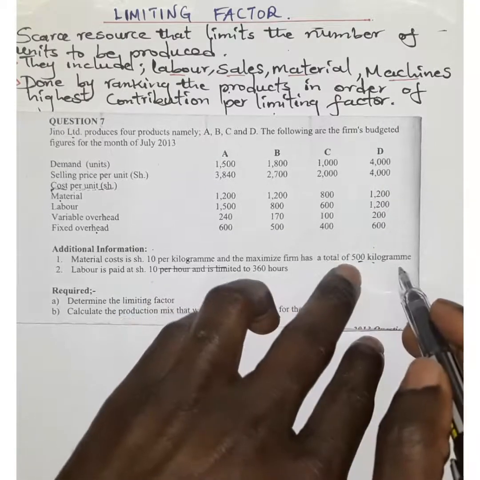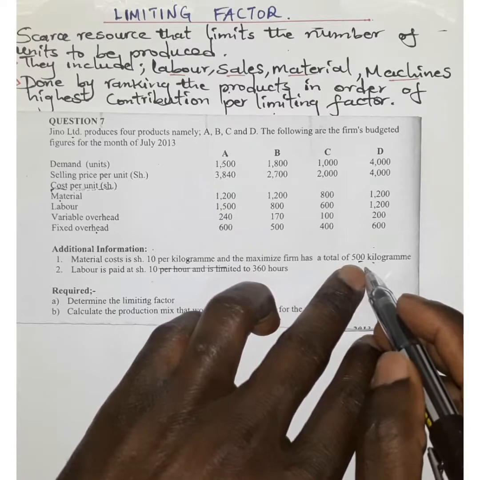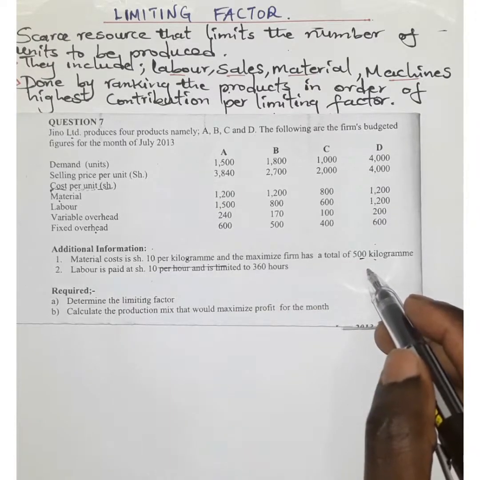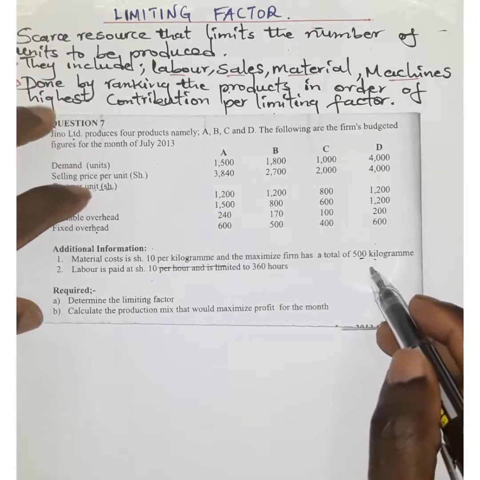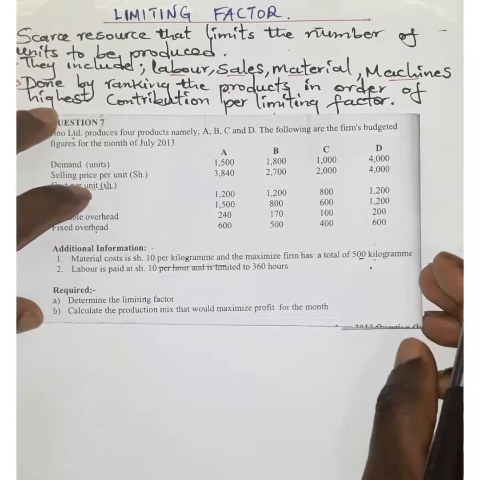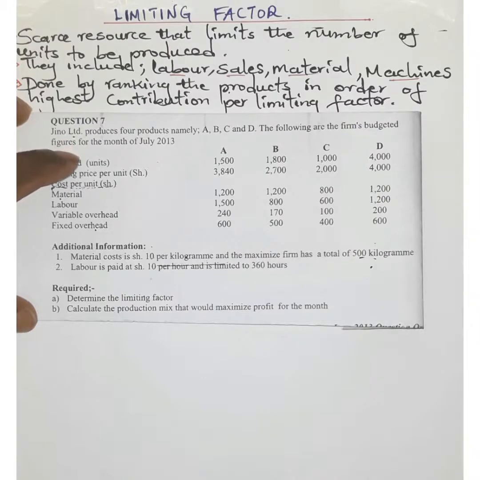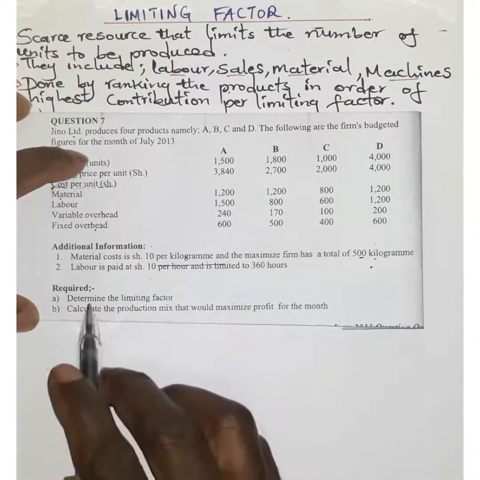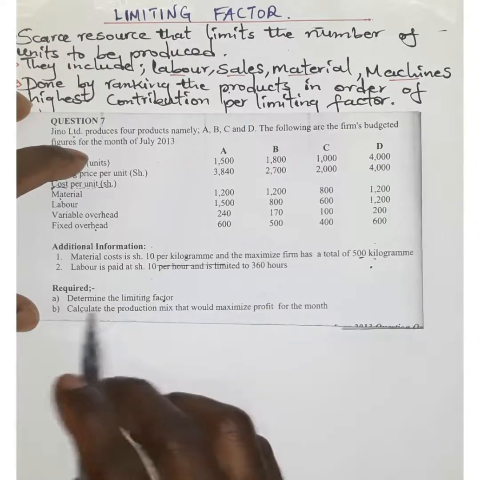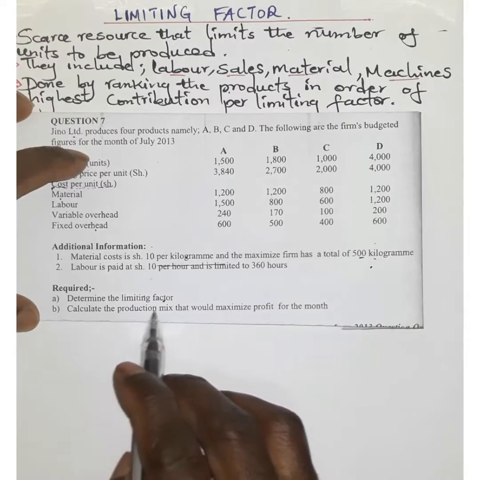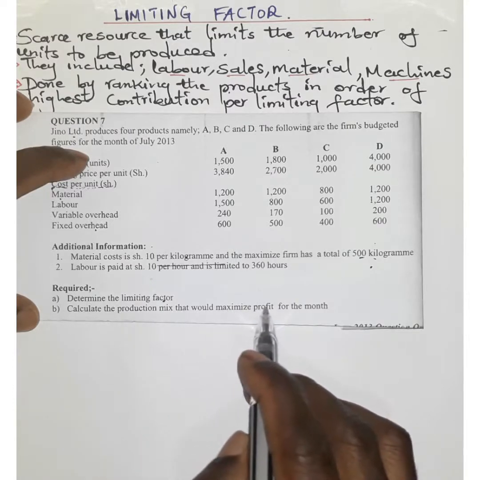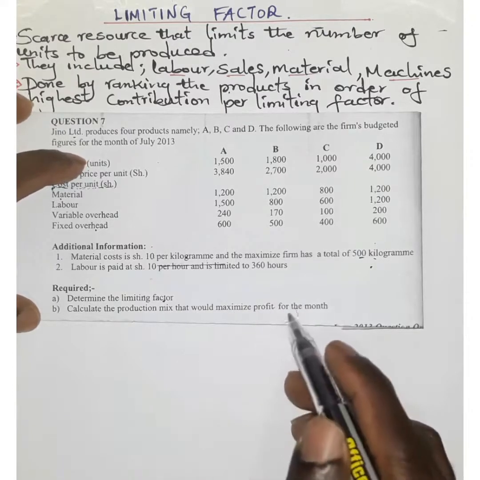Again, we compare the kilograms that you're supposed to produce versus what we have, see which one is lower, and determine whether it is limiting or not limiting. Then we're told, part A, determine the limiting factor. Part B, calculate the production mix that would maximize profit for the month.